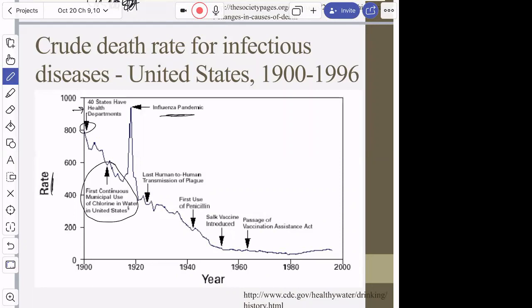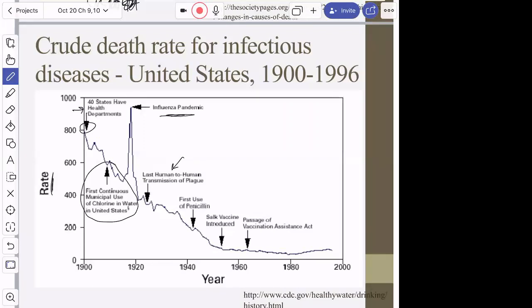But other than that, you'll see the death rate steadily going down. We had the last human-to-human transmission of bubonic plague. This was before antibiotics came out. So when we understood that basically you clean up your trash, you don't have as many fleas, and you're not going to have the transmission of plague. So getting better hygiene influenced that.